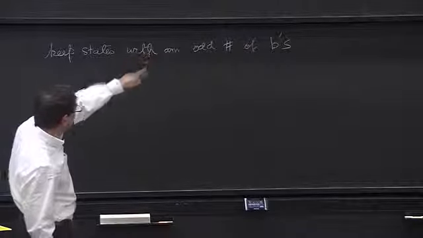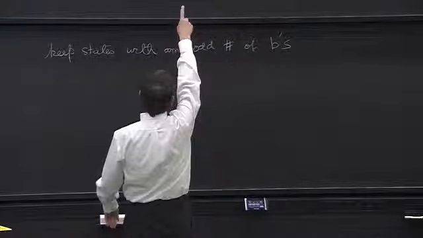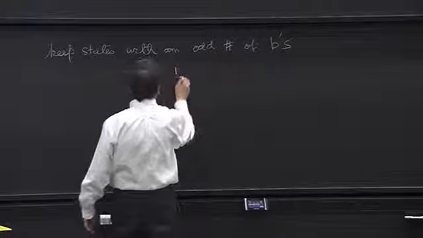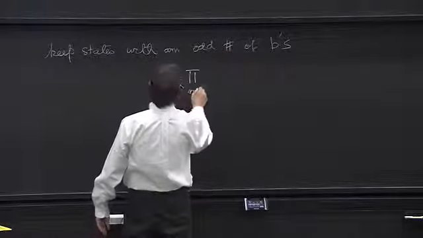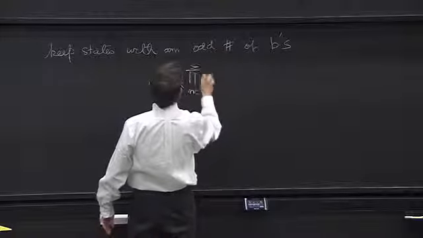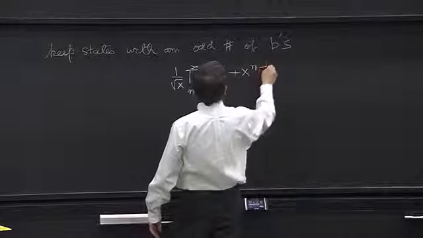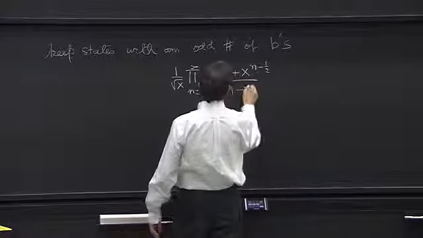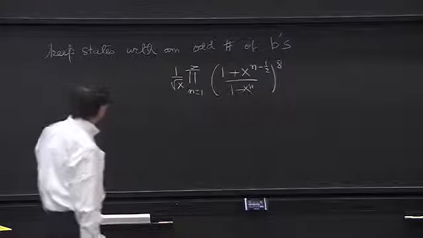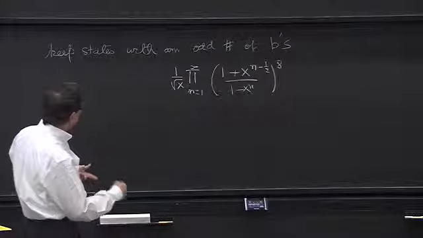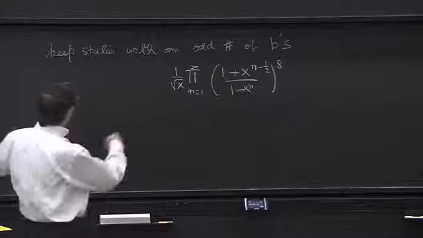So I want to generate this function. So look what I'm going to do. I'm going to take this same function, 1 over square root of x, product n equals 1 to infinity. Let me write it here. Don't copy it yet. I want to make something so that whenever I have an odd number of b's, I could subtract those states.